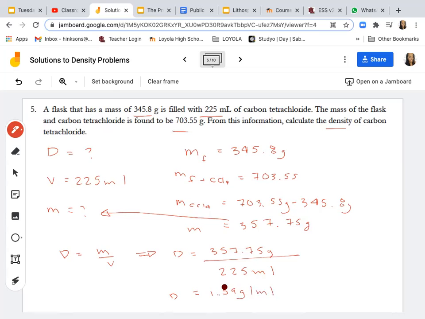Okay, is that what you guys got? I didn't use my calculator. I'm trusting you. I'm asking you what you got on your paper. 1.59 grams per milliliter. All right, 357, 1.59.